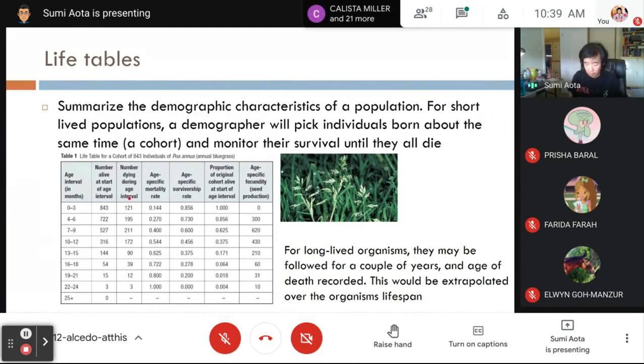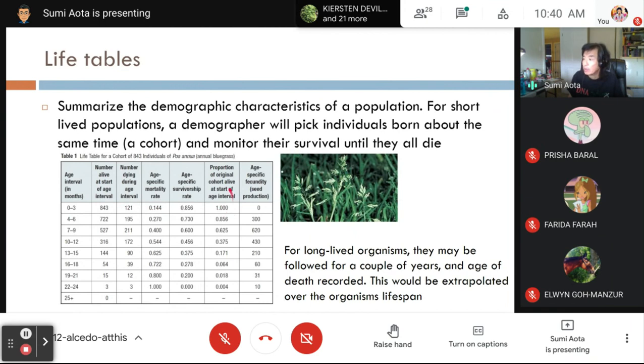On the other hand, if you do 121 divided by 843, then you get 0.144. So the age-specific mortality rate is calculated by the number of individuals dying in the interval divided by the total number that started the interval. And the age-specific survivorship rate is the total number alive in the next interval divided by the total number alive at the first interval.